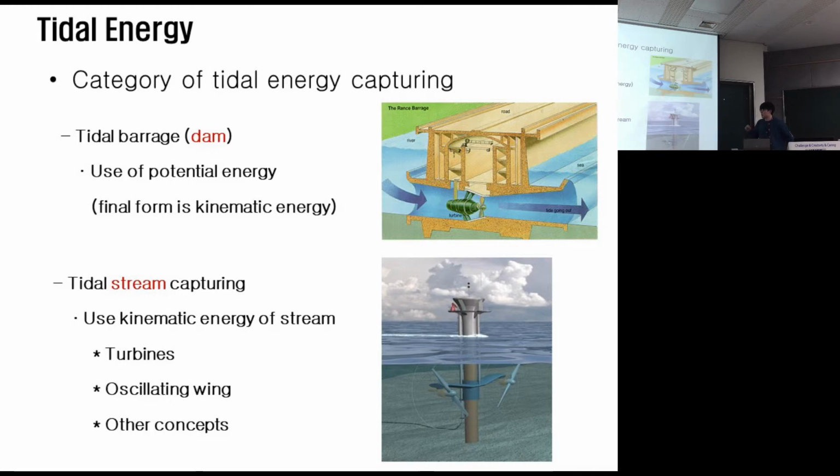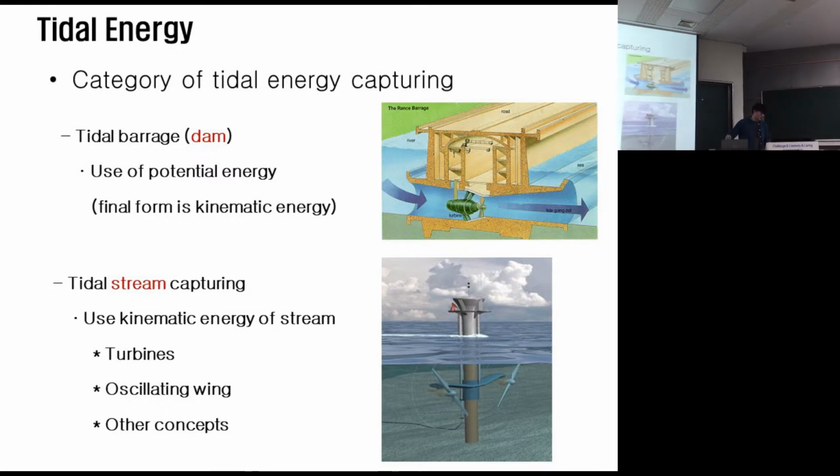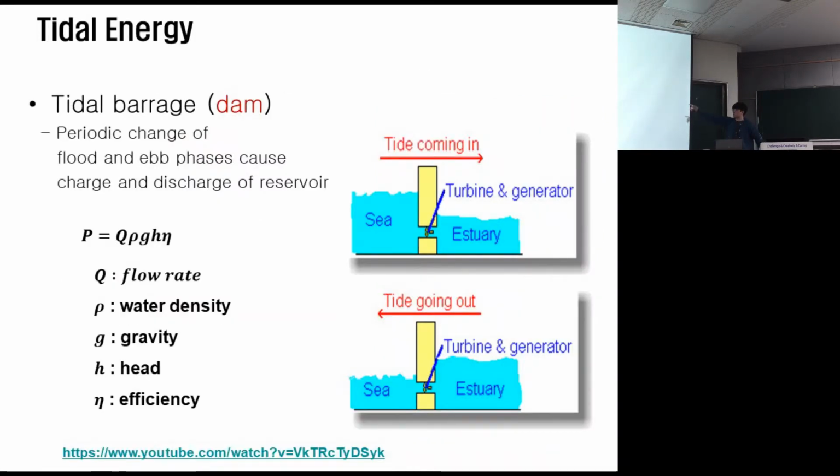So based on the dominant flow direction, we can install these kind of turbines so that when the flow occurs, the turbines will rotate and generate electricity. That is the amount of energy that we can get due to the potential energy difference.